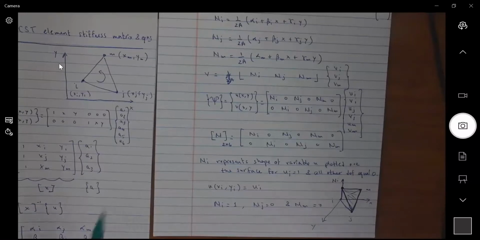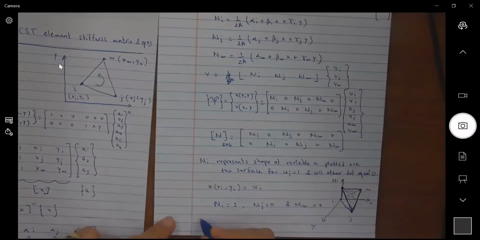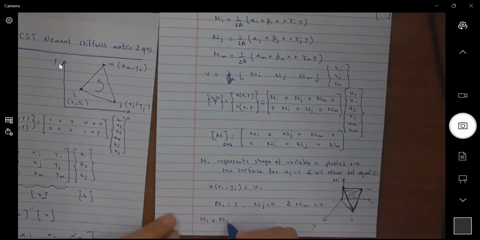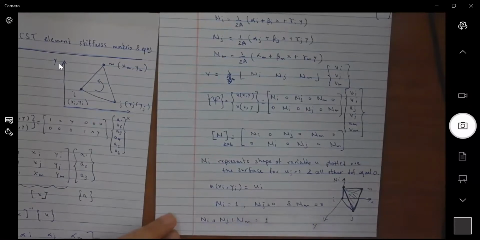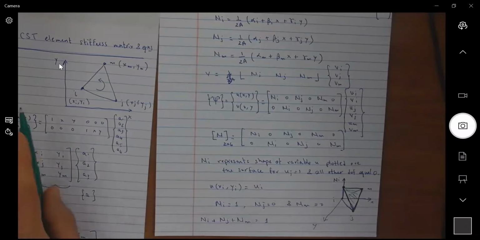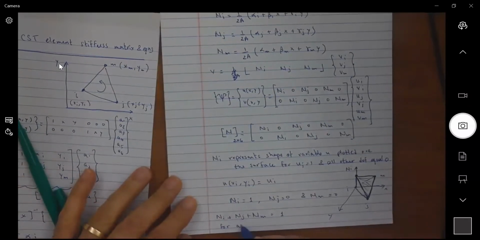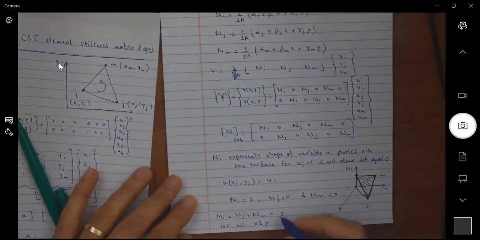It is also important to recall, one of the things we learned about shape functions is that at any point Ni plus Nj plus Nm should be equal to 1, for all X and Y locations on the surface of the element.